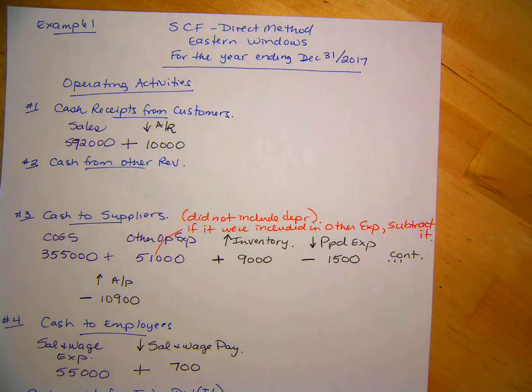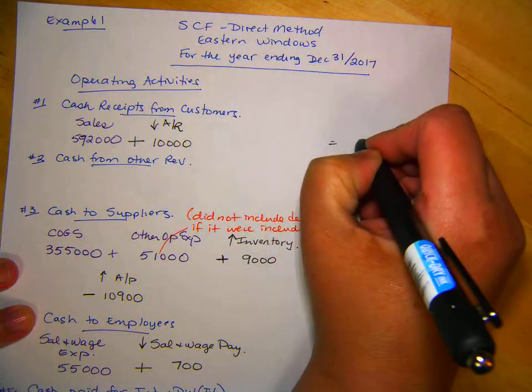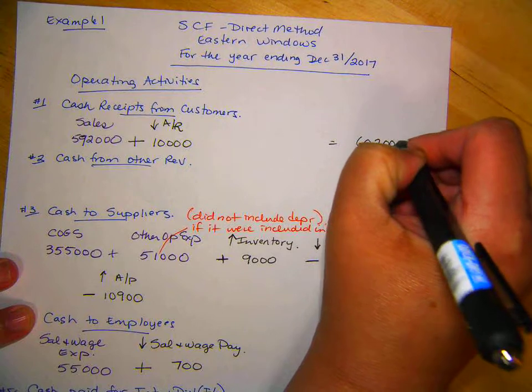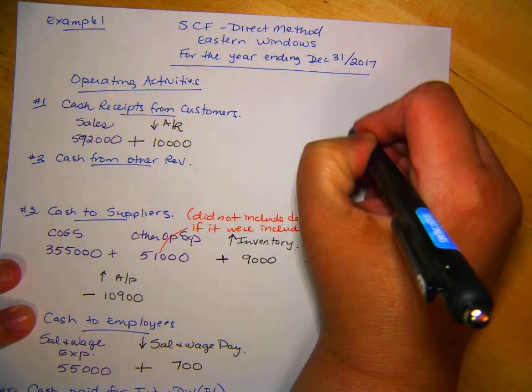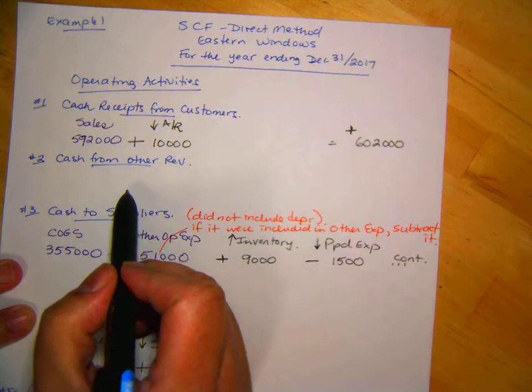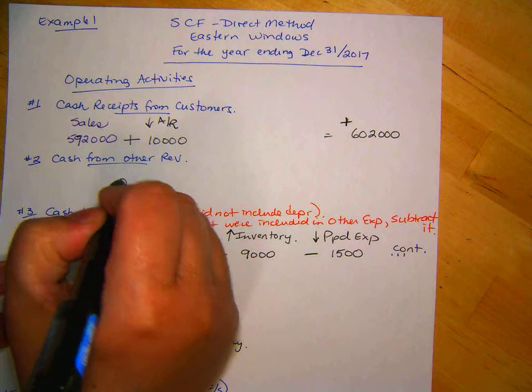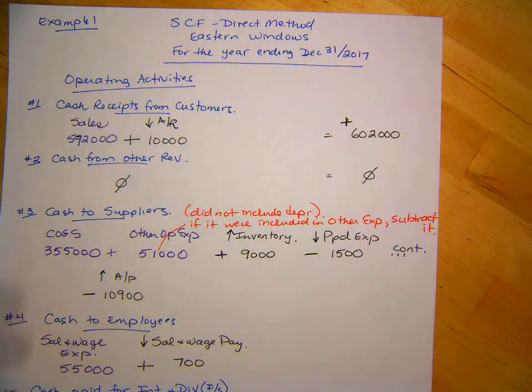So now we total them up. So this equals 602,000, and it's receipts of cash, so it's going to be positive. Now, there was no other revenue, so this whole thing is 0. You can put it in as 0 if you want, doesn't really matter.